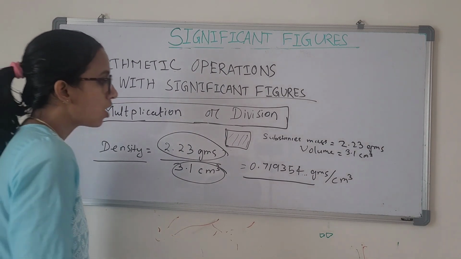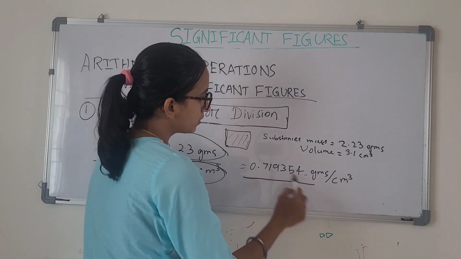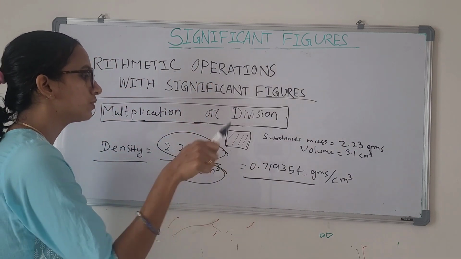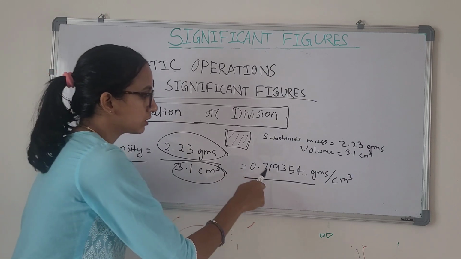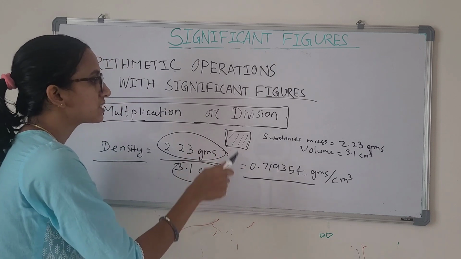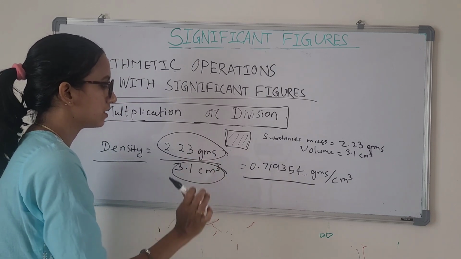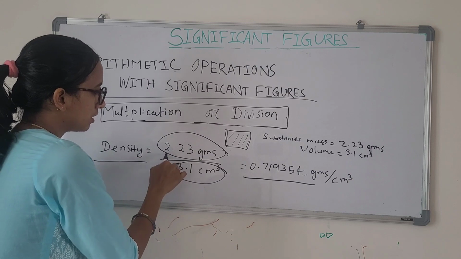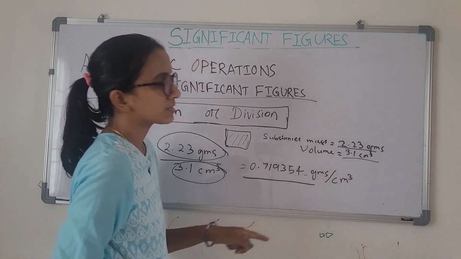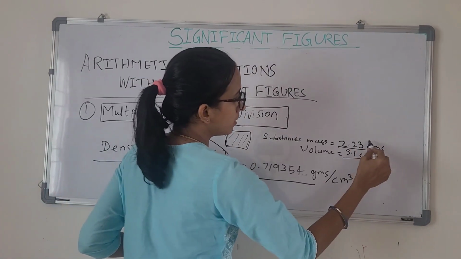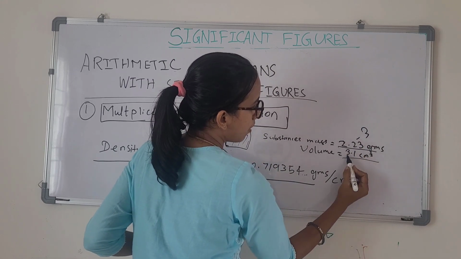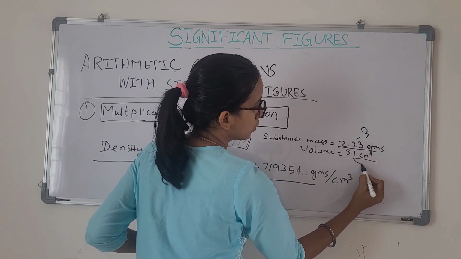Then up to which digit do you have to write? You will write up to the digit whose number of significant digits matches the least number of significant digits in the question. So between these two numbers, which contains fewer significant digits? Here the number of significant digits is 3, and here there are 2.